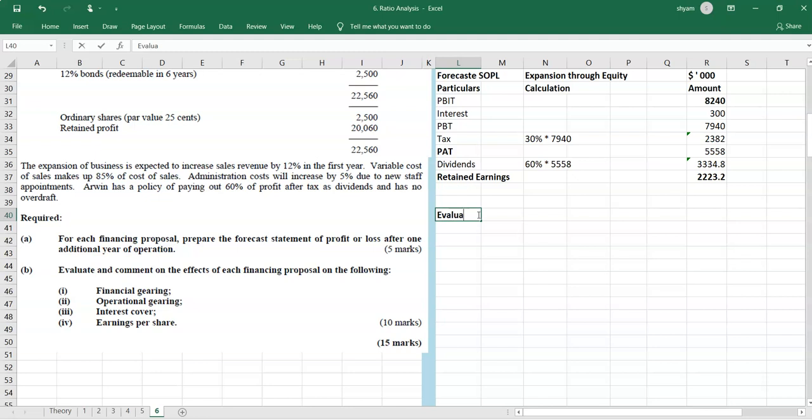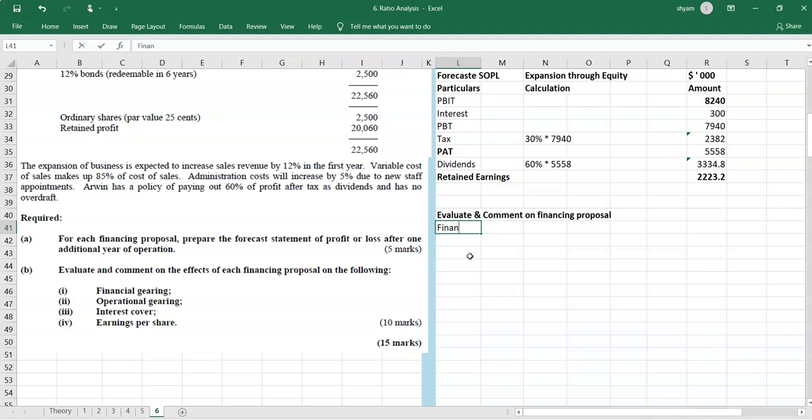Evaluate and comment on the financing proposal. Okay, so let's comment about it. So how many ratios do we have?